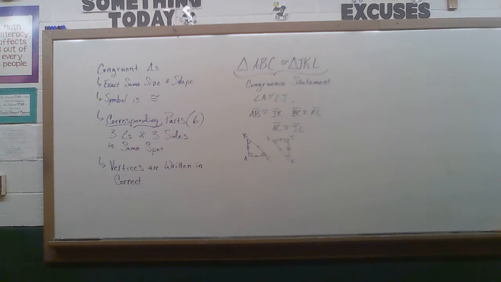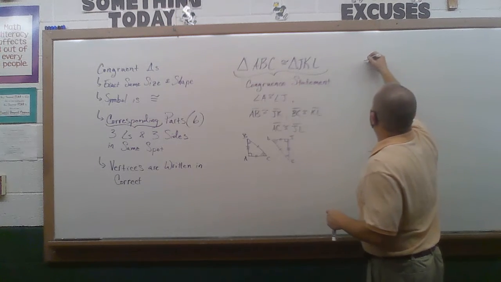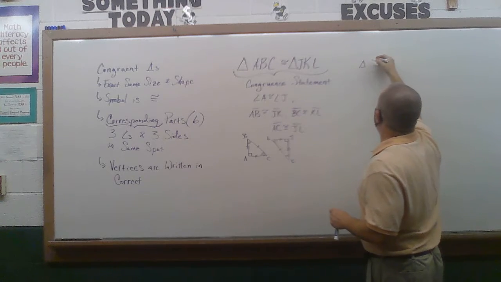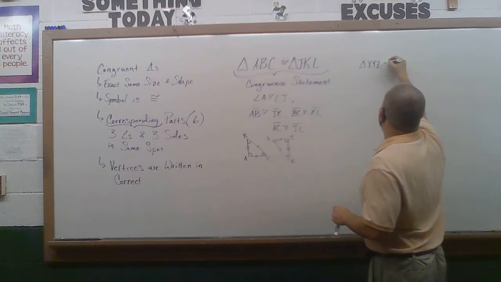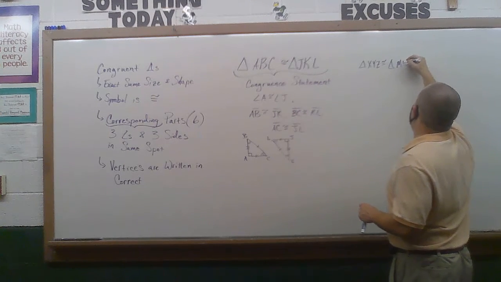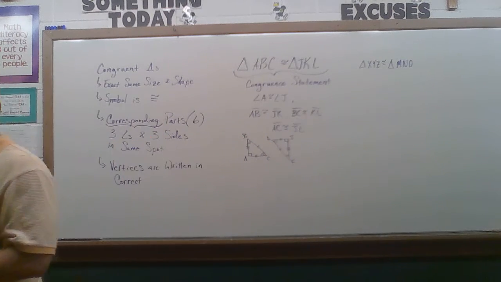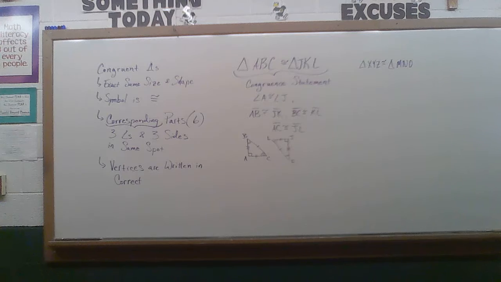Okay. So, realistically, I can always give you another triangle and say triangle XYZ is congruent to triangle MNO. So, somebody tell me one group of angles that is congruent in those 2 triangles right there.